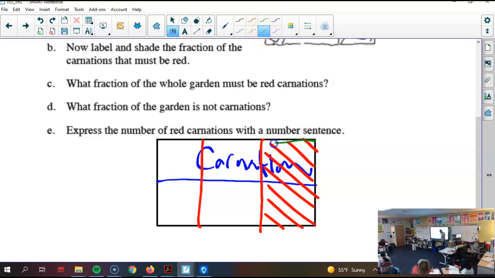So this box right here got double shaded. Right, because I had blue all through here. So how many is this? Yeah, 1 out of 6.